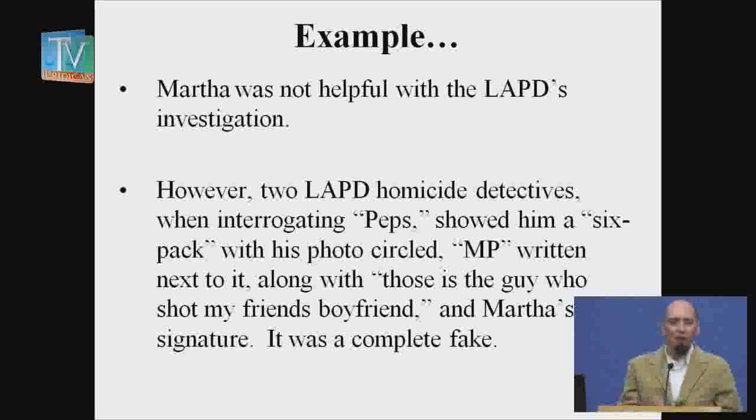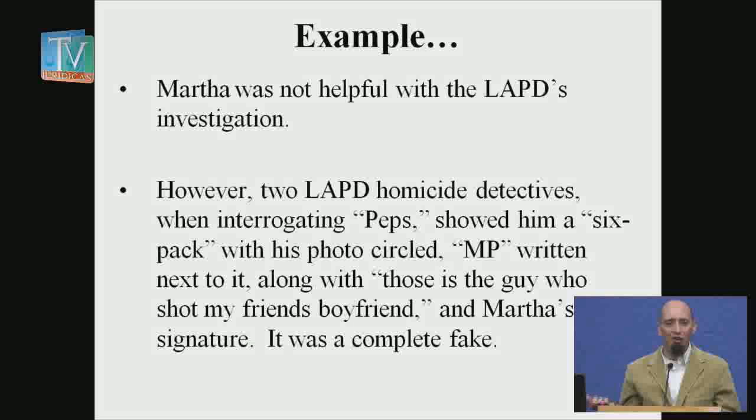But two LAPD detectives who were investigating the case told this guy who went by Peps that she had picked him out of what they call a six-pack, kind of the usual suspects, with their photos. So if a potential witness says something, that's where they start, right? Instead of a lineup, they just have this folder with photos.